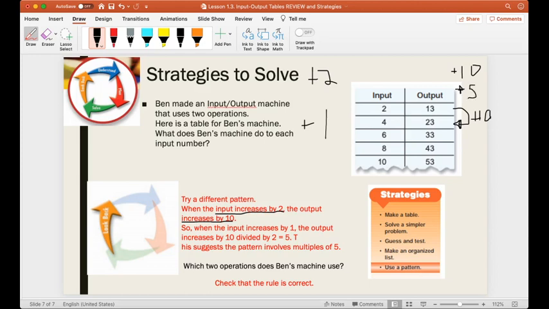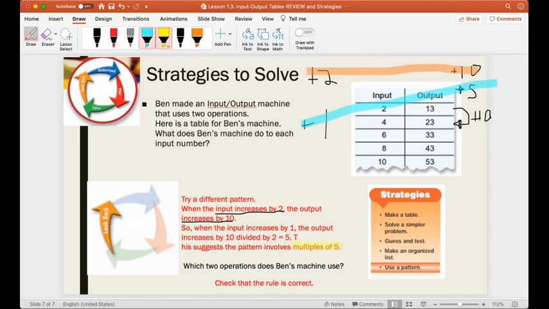So this suggests that the pattern involves multiples of 5, meaning multiplying by 5. So let's try that.